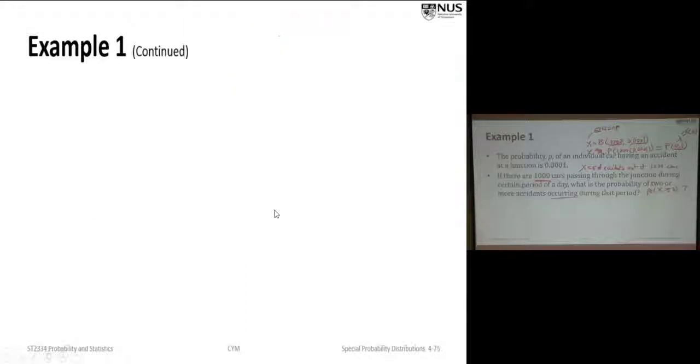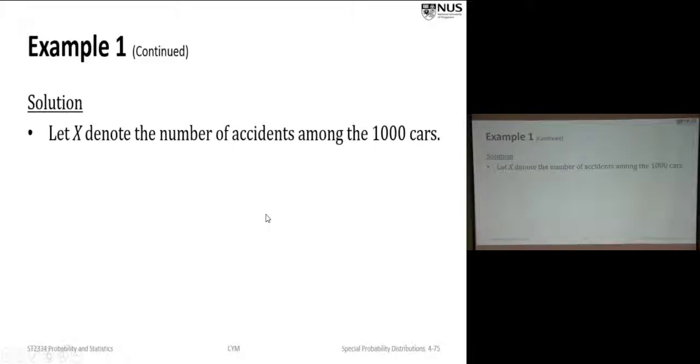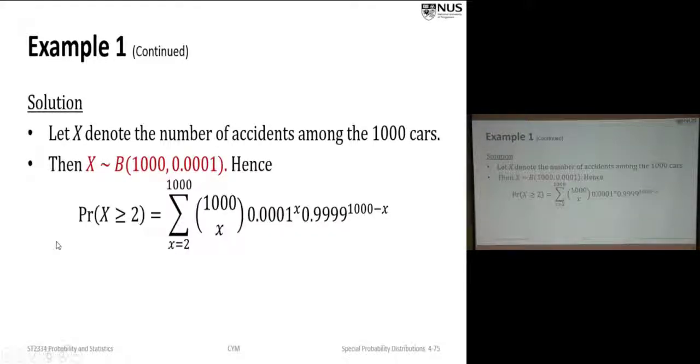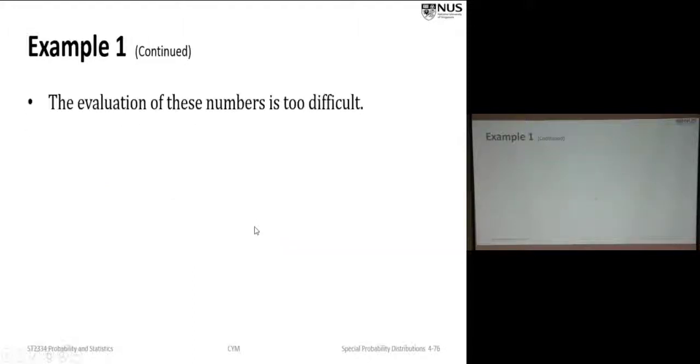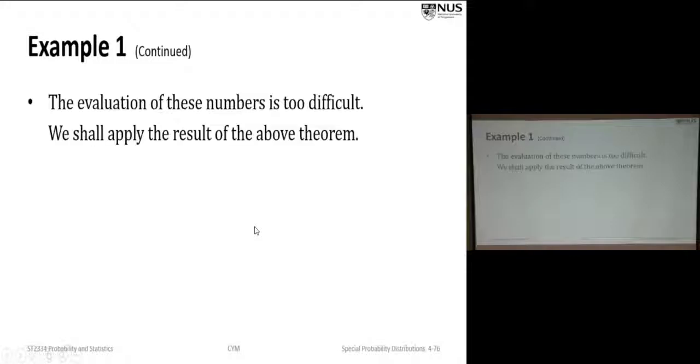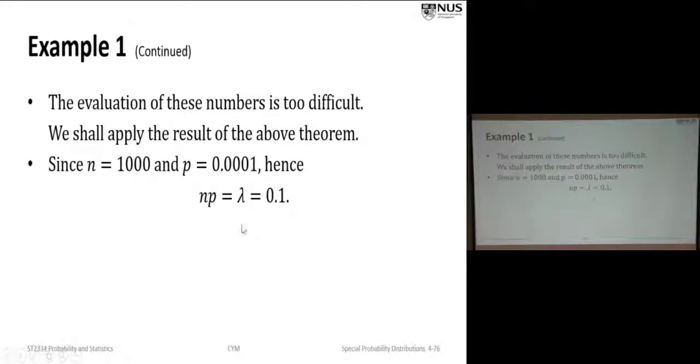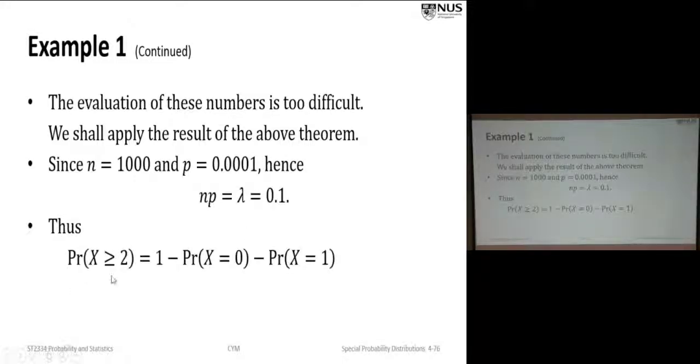Okay, so here it is. This is how I got it. If I want to find out the exact probability, I use the above theorem, so this is equal to 1 minus the probability of x equals 0 and the probability of x equal to 1.